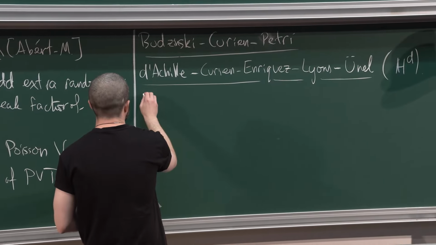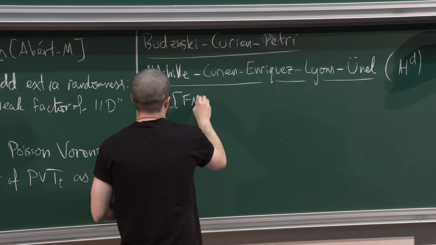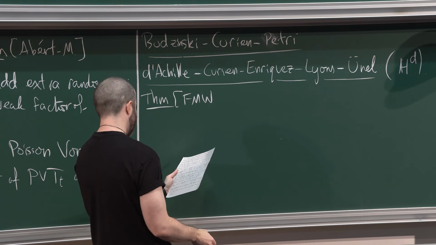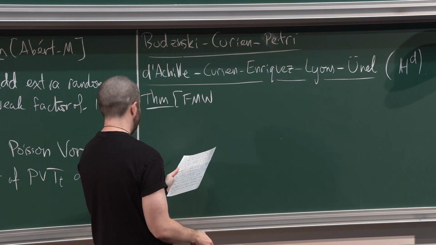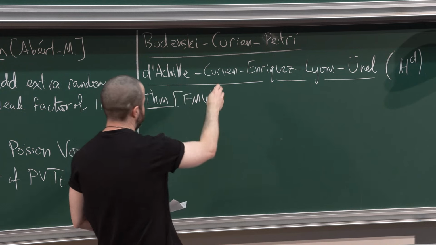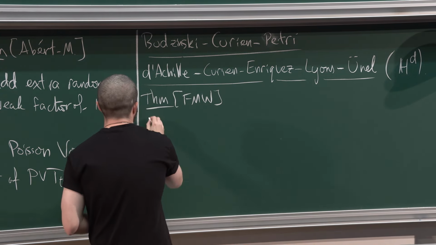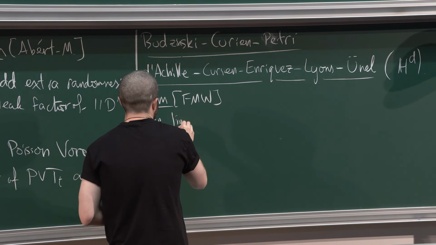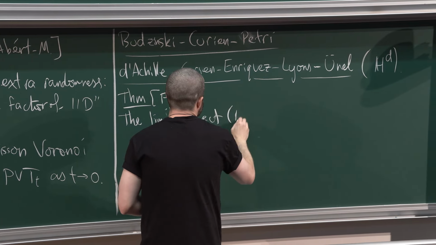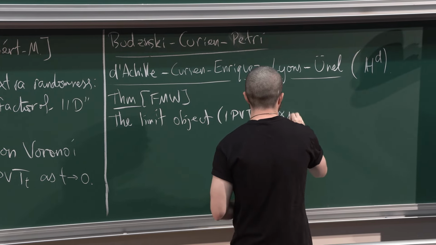So what is it that we actually prove? And I'm not sure how I do the attribution. There is some overlap with this paper, but that's a long sequence of names, so I'll just write it like this. Okay. So the limit object, the IPVT, exists. It really exists.